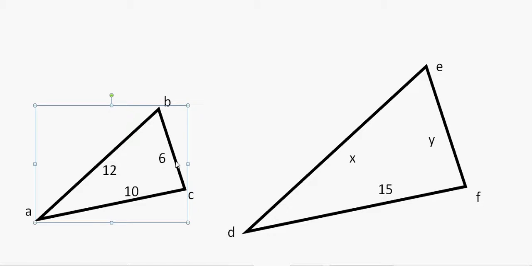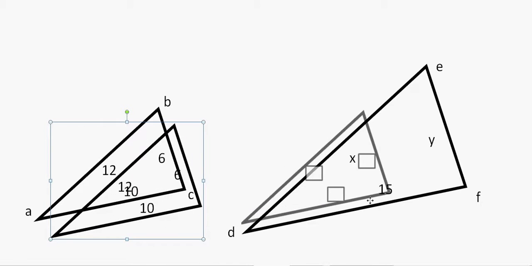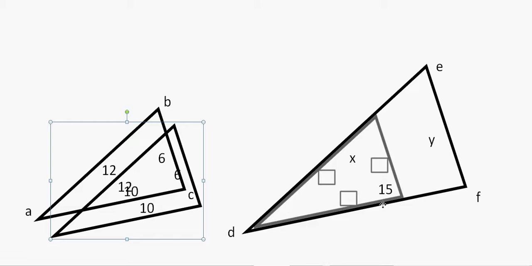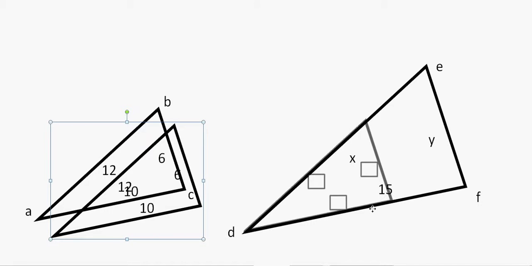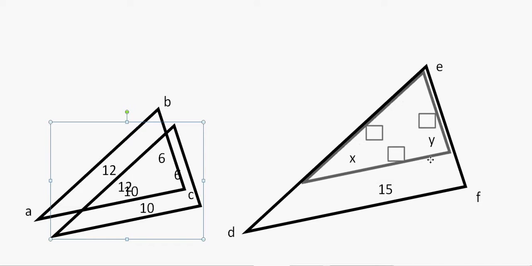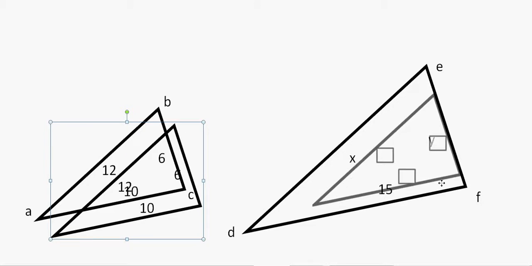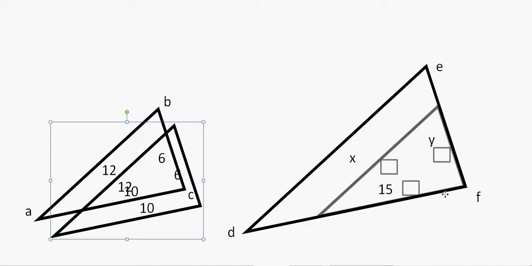I'm going to select this triangle and make a copy of it, the triangle ABC. I'm going to compare that to the triangle DEF. And I notice, if I'm looking around and I compare that triangle, what I see is that all of the angles are the same.